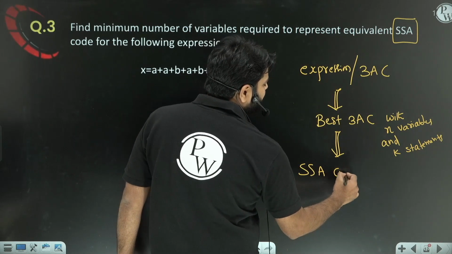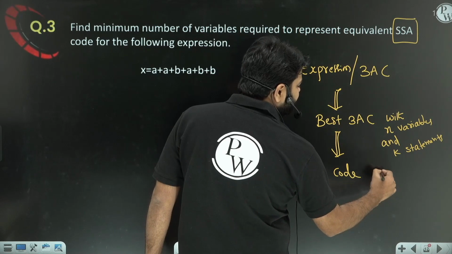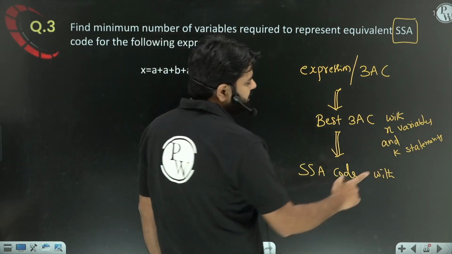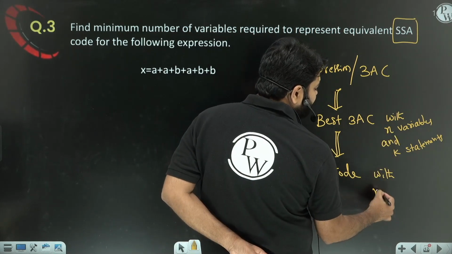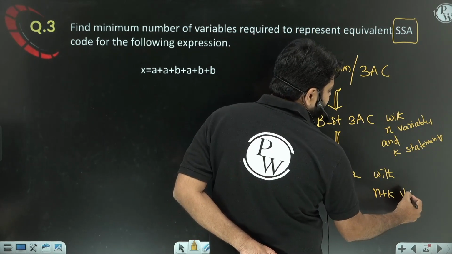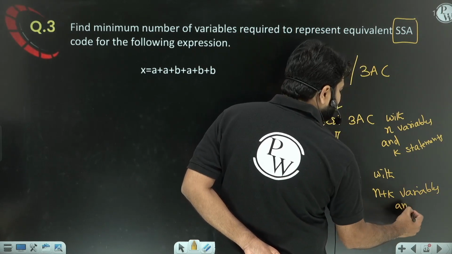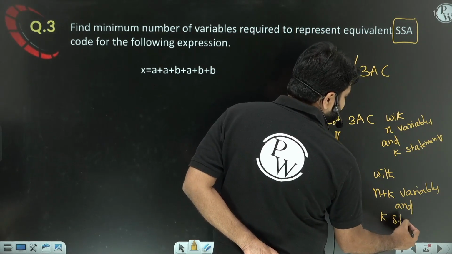The best SSA code will have the same k statements, the number of statements will not change, but the number of variables will become n plus k. Why? That we will be seeing.